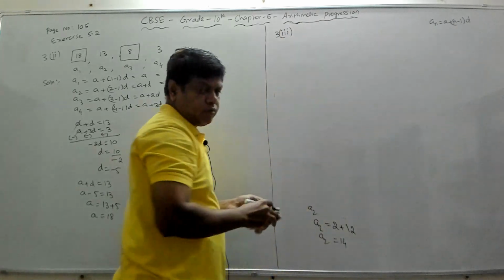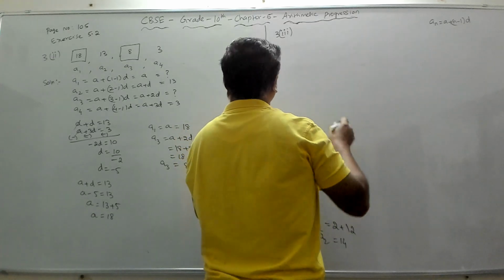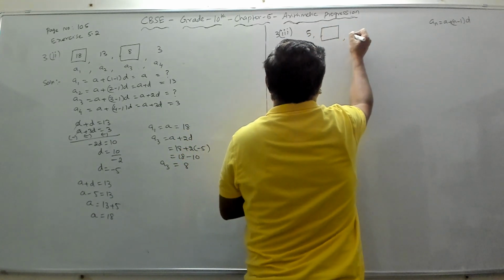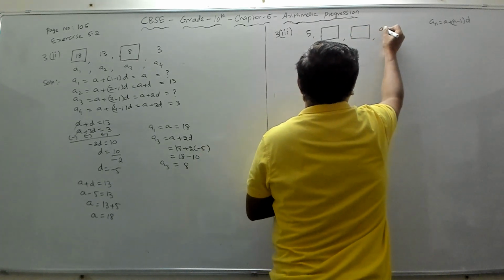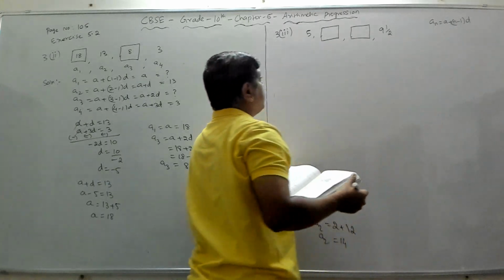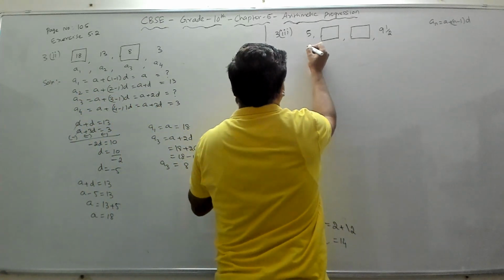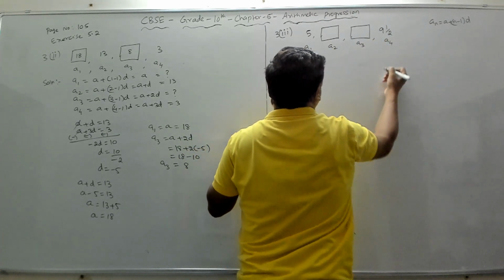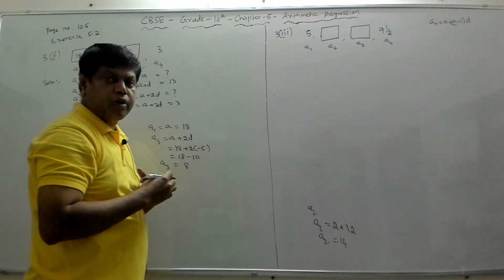Again a set of numbers and boxes are given: 5, box, box, 9 1 by 2. So they have given the 4 terms. This is A1, this is A2, this is A3, this is A4. Now the first term and fourth term are given. We are asked to find the second term and third term.